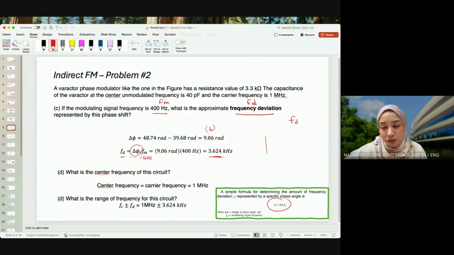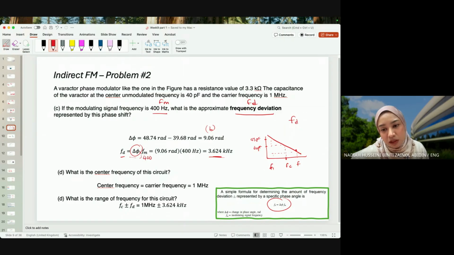Let me redraw the diagram from just now. At FC, we would get 40 picofarad, and at some other frequency you would get 55 picofarad. At a smaller frequency you would get 55 picofarad, but we don't know what the value is here.